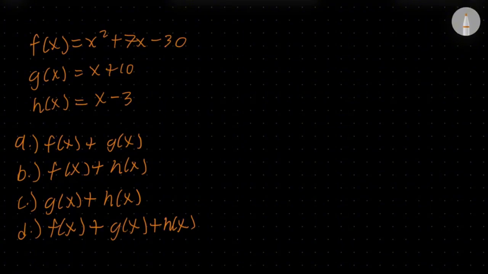Now let us first start with letter A, f of x plus g of x. Our f of x is x squared plus 7x minus 30 plus g of x, which is x plus 10. In adding up functions, it is just the same as adding whole numbers.